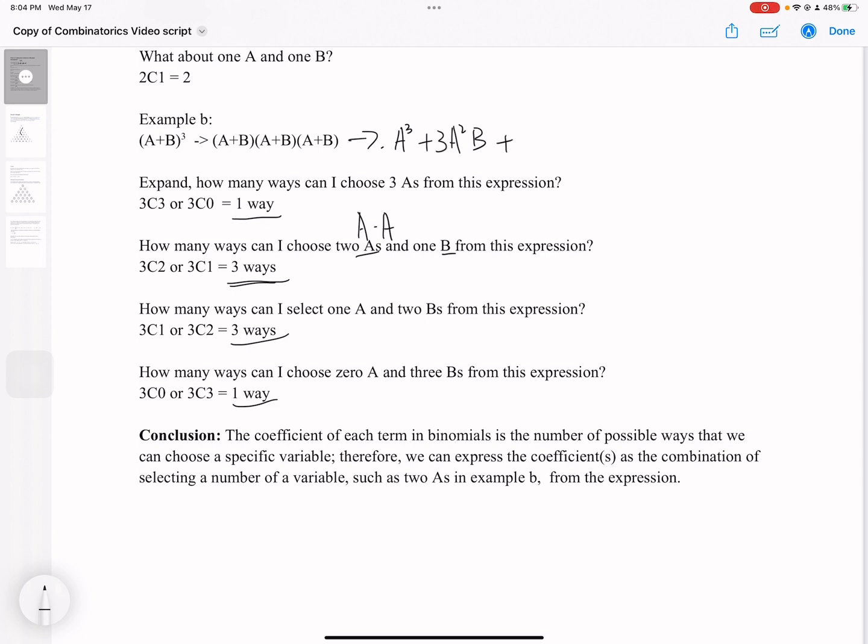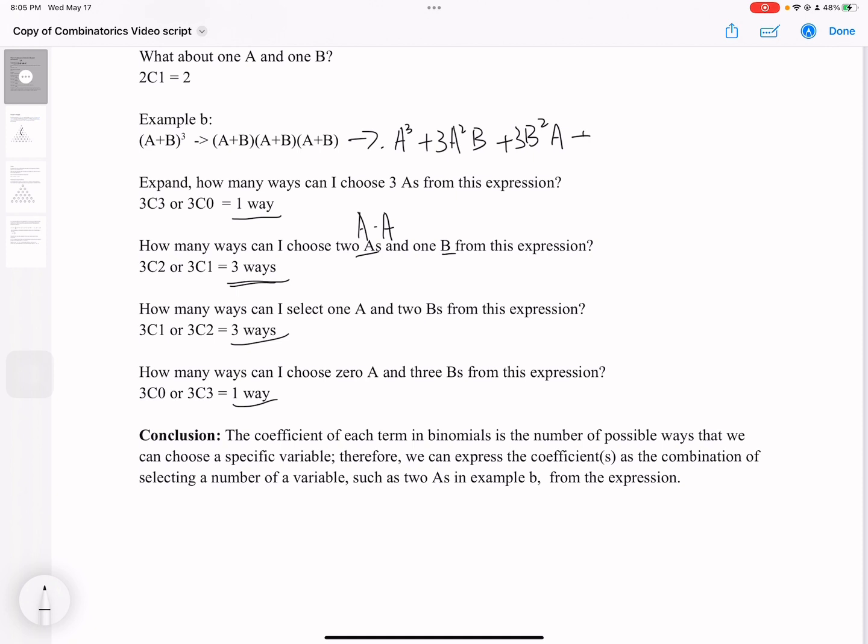Similarly, 2 b's are multiplied together, which is b squared, and then times a. Because there are also three ways here, I'm going to write 3 in front of this term.